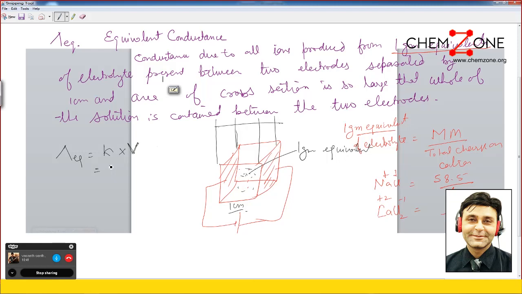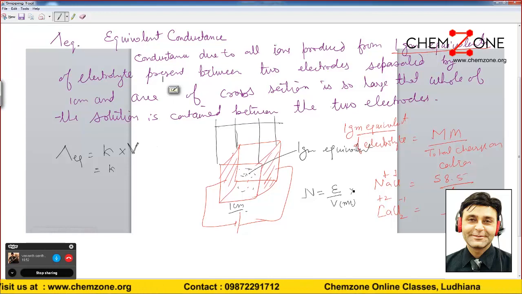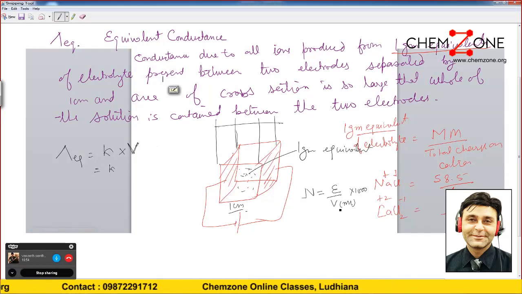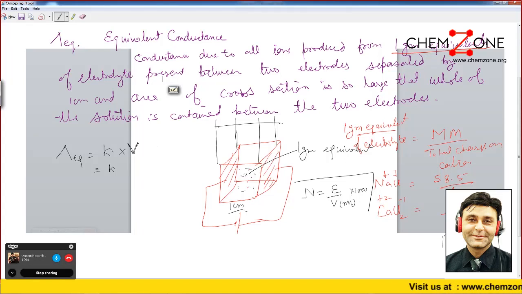You know that you have a normality equation. Normality is equal to number of gram equivalents upon volume of solution. You know molarity: number of moles upon volume of solution in milliliters, into 1000, as we discussed in the last topic.